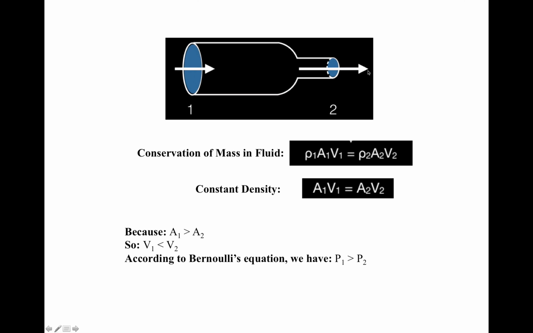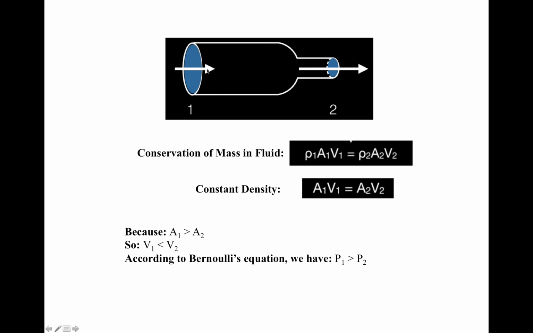Usually the density doesn't change, so rho 1 equals rho 2 and we can cancel rho on both sides. Then we get the continuity equation: A1 times V1 must equal A2 times V2.